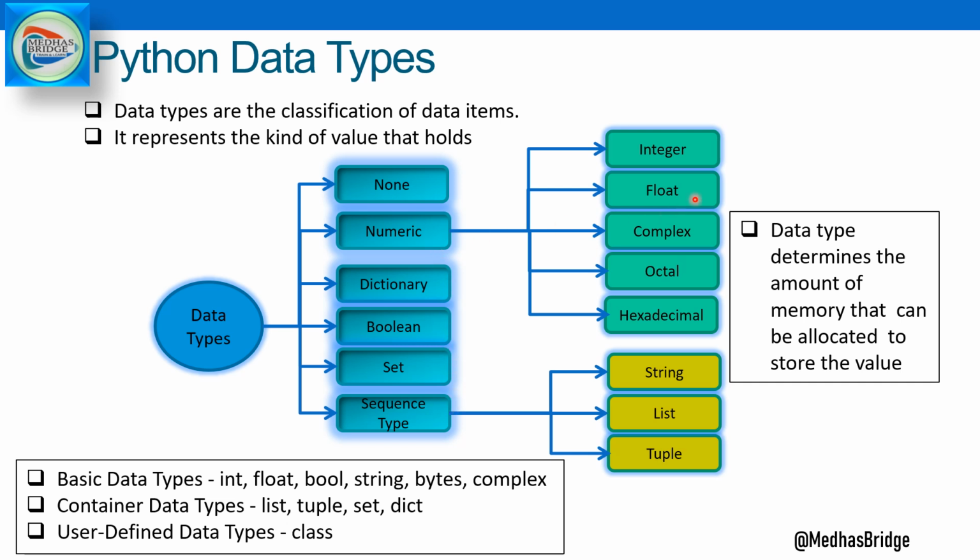Under numeric, we have integer, float, complex, octal, hexadecimal. Under sequence type, string, list, tuple. The container data types are list, tuple, set, dict. The user-defined data types are classes.